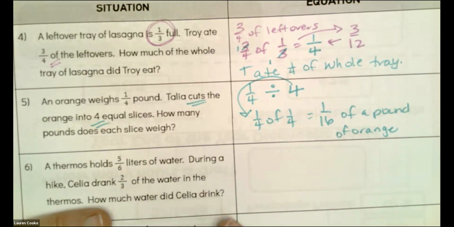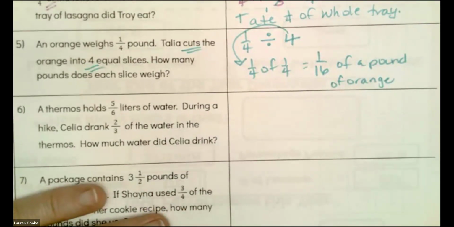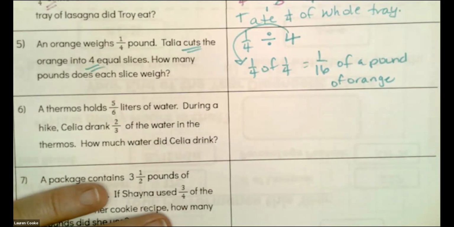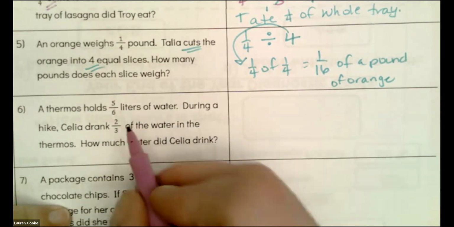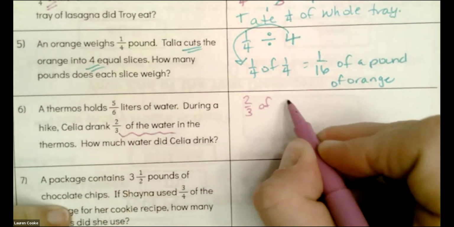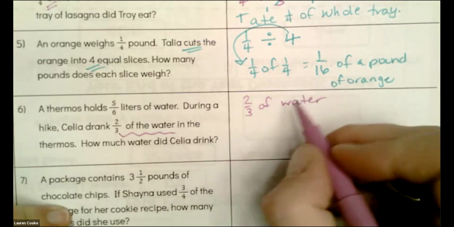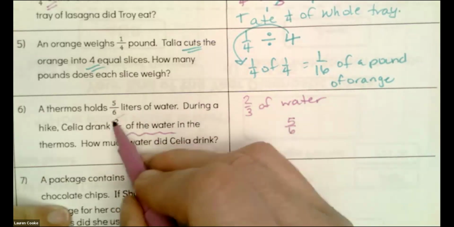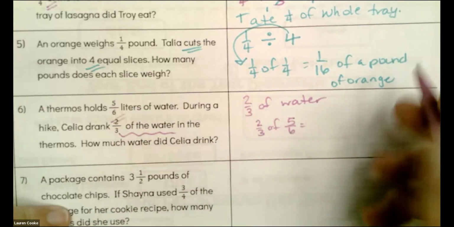Okay. All right, let's look at the next one. A thermos holds 5/6 liters of water, so almost all of 1 liter. During a hike, Celia drank 2/3 of the water. There's my cue: 2/3 of water. And then I'm going to replace the word water with 5/6, because that's what I have of the water. 2/3 of 5/6.